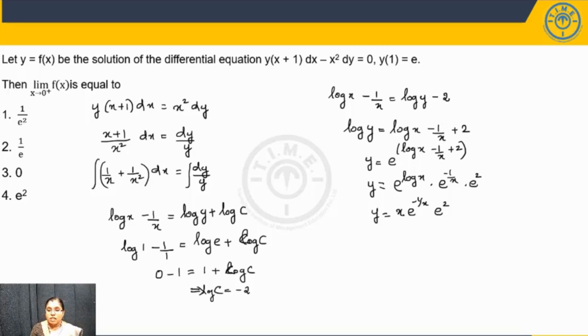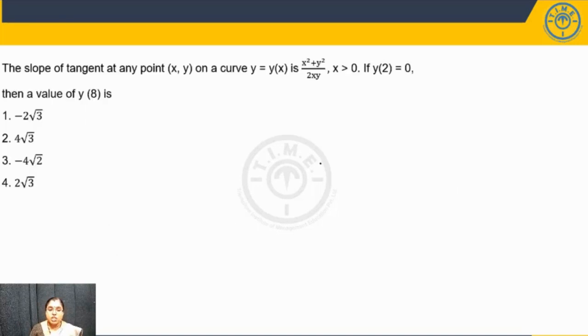But here we have an x quantity, so we can say that the limit will be equal to 0. So the limit as x tends to 0+ of f of x will be equal to 0. So the required answer is option 3. I hope it's clear. Now let's work out the next question.